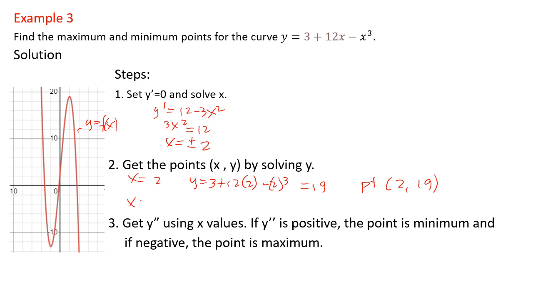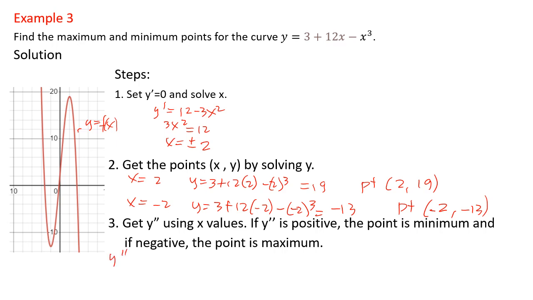When x equals minus 2, y equals 3 plus 12 times minus 2 minus minus 2 cubed, equals minus 13. So the point is minus 2, minus 13.